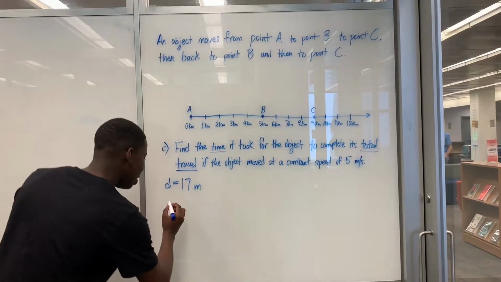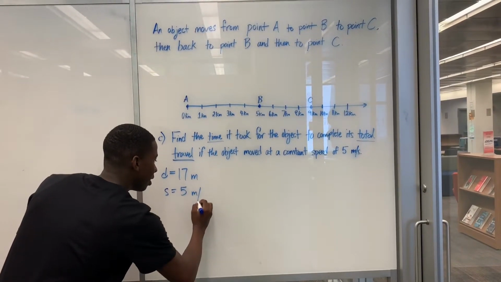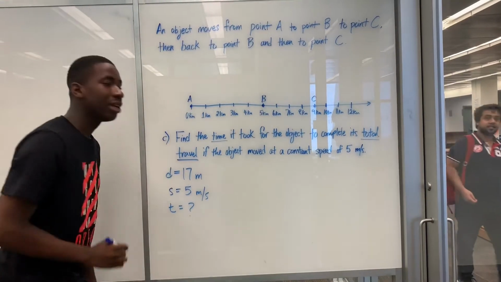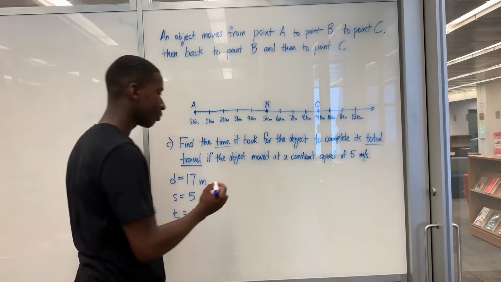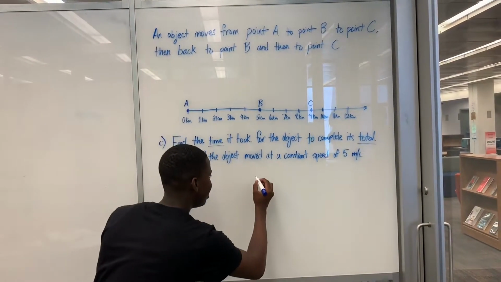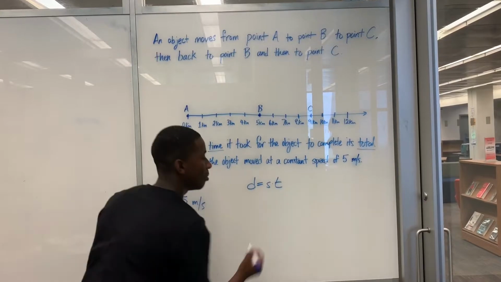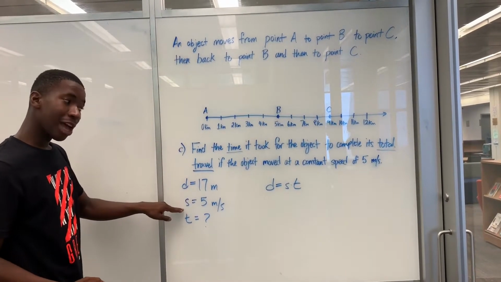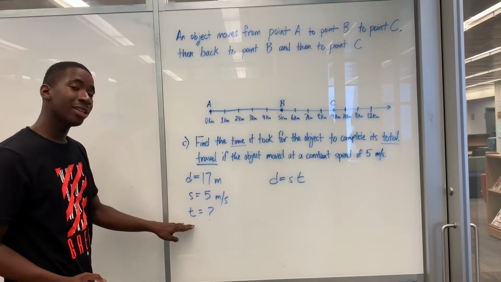So we know speed is equal to 5 meters per second. What we need to find out is time. So let's use our distance formula. Distance is equal to speed multiplied by time. Do we have the distance? Do we have the speed? If yes, then we can find the time.